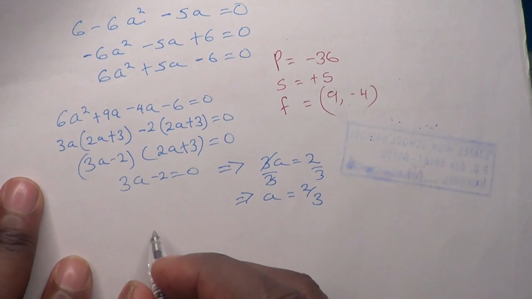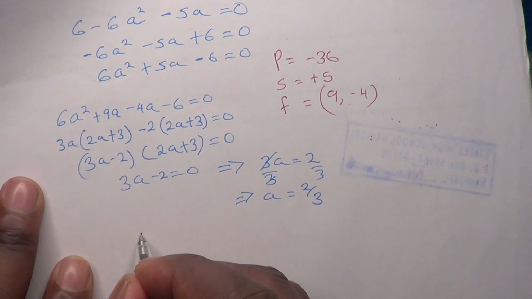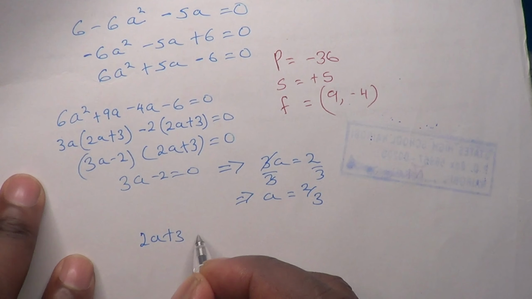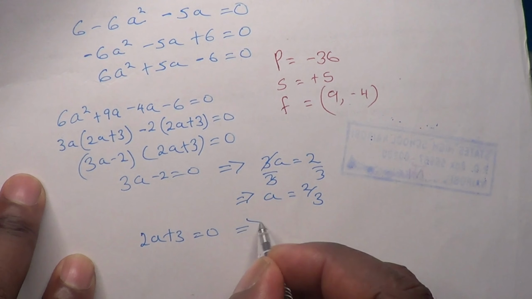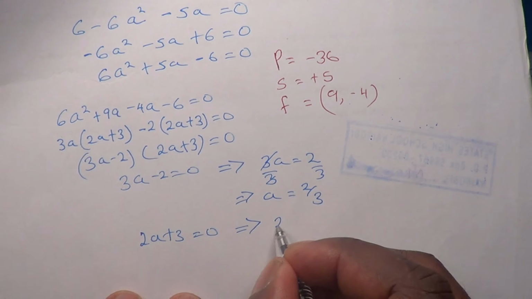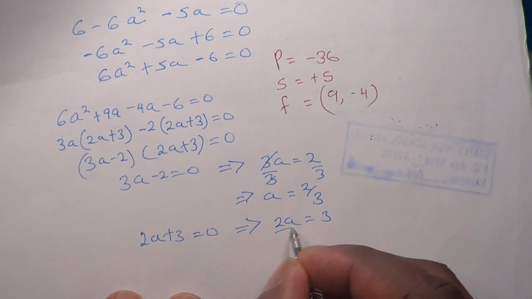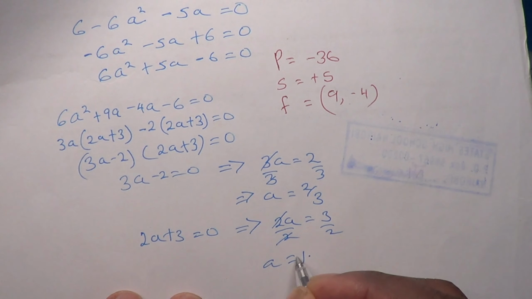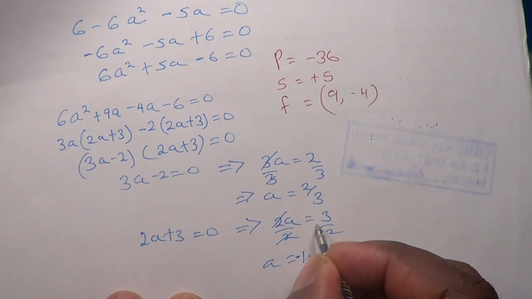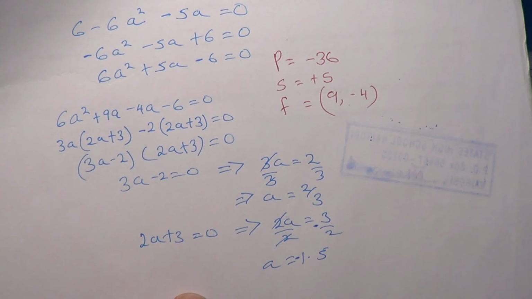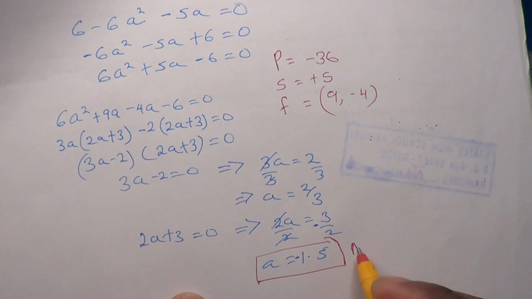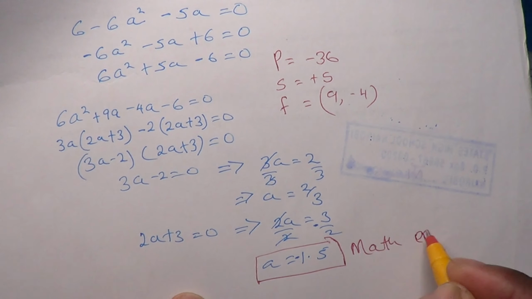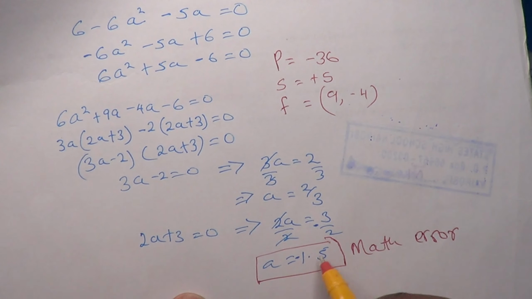Another one: 2a plus 3 equals 0, which will give us 2a equals negative 3; dividing by 2, a equals negative 1.5. Now this one here will give us a math error when we are finding the sine inverse of it, which means there is no answer.